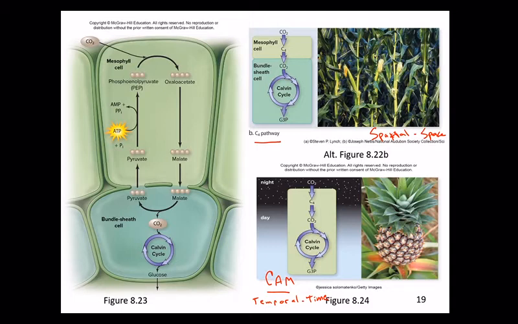This is the C4 pathway demonstrated here, and it's going to use an enzyme known as PEP-C, or phosphoenolpyruvate carboxylase. The phosphoenolpyruvate carboxylase is going to attach the carbon dioxide to a 3-carbon intermediate, phosphoenolpyruvate, to form a 4-carbon intermediate, oxaloacetate. Hence the name C4 pathway.